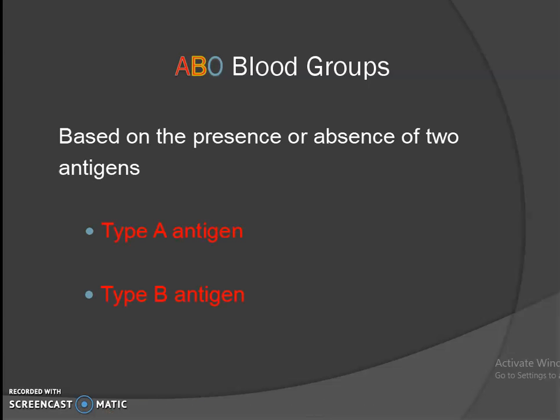On what basis is the blood divided into these groups? That is mainly based upon the antigens, mainly the A antigen and B antigen, and also one more antigen, the Rh antigen.